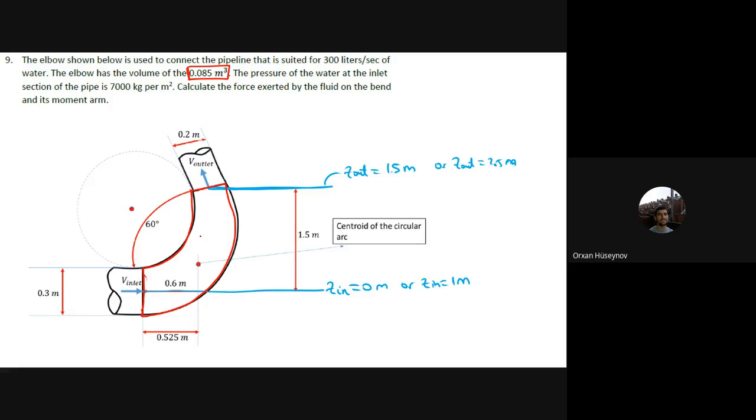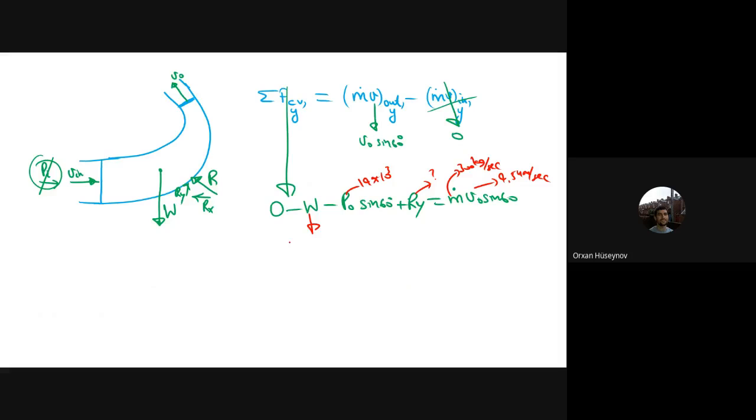So the weight will be the density times the volume. Here you have only fluid. This part is only liquid. It will be 10 to the power of 3 multiplied with 0.085 meters cube. So you have all of the values, and you can tell me the value of Ry, and we finish.